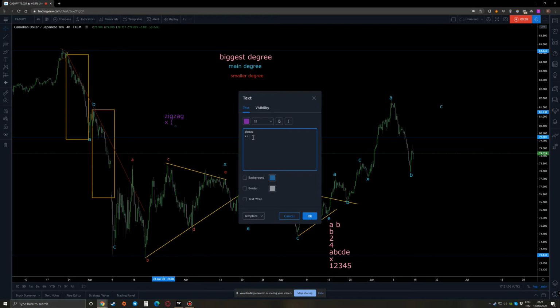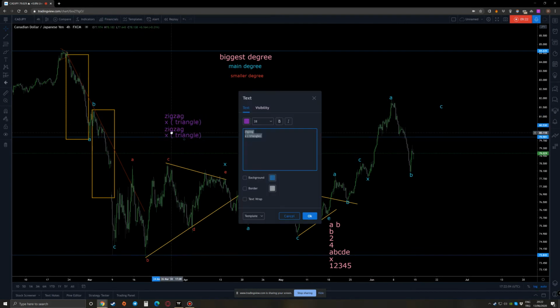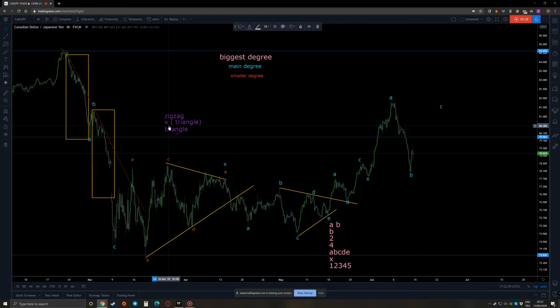So we have an X, but as a triangle on a lower degree. Okay, this X wave is a triangle, but it's not on the same degree. So after this, what I have here is just another triangle. But this triangle, because it's on a different degree, has to end whatever it started from here and end it here.